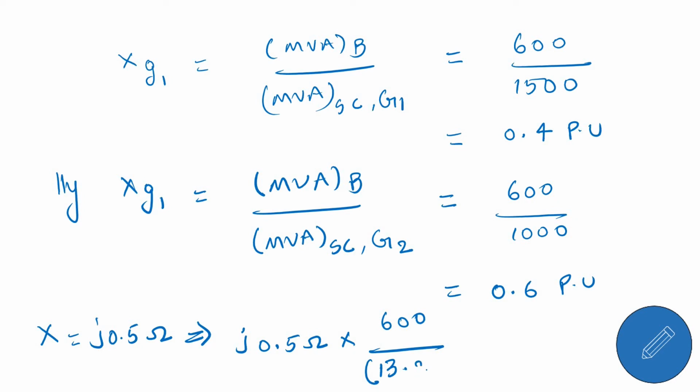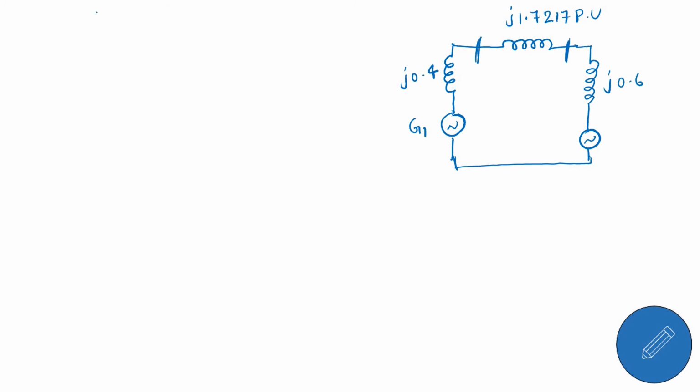So voltage is given as 13.2 squared. This value will be approximately equal to 1.7217 per unit. So we got the values, and now you can represent the circuit diagram.